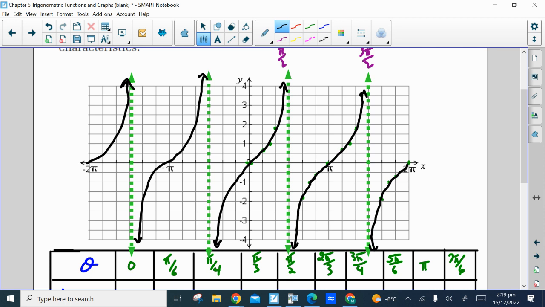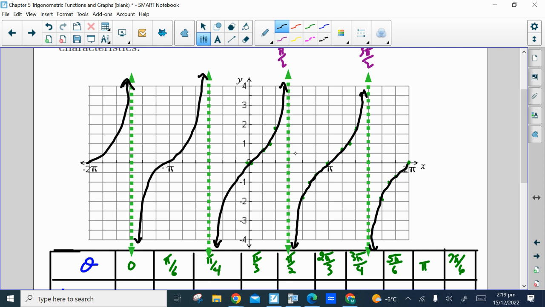So remember that for sine cos, the domain went from negative infinity to positive infinity. Not so here because we have those vertical asymptotes. When we state the domain here, it's going to be in terms of the restrictions that x cannot equal. Our domain will be x cannot equal, and we can start at any one of those vertical asymptotes that we want. Normally we start at the smallest positive, which would be pi on 2. That's where your first vertical asymptote is.